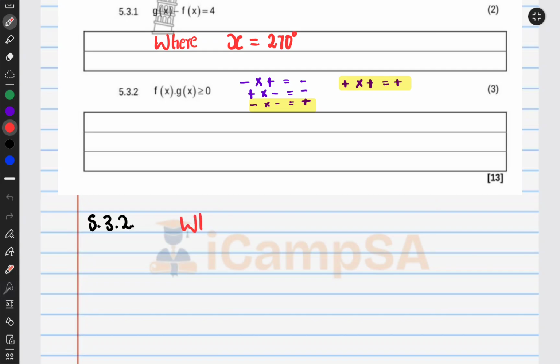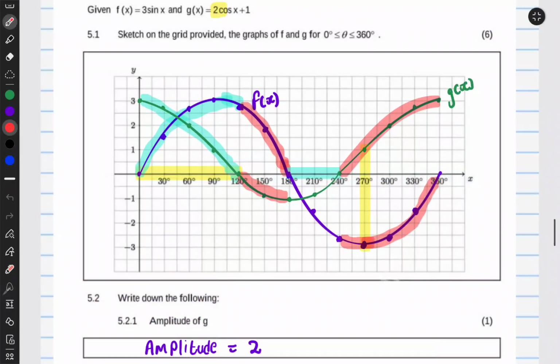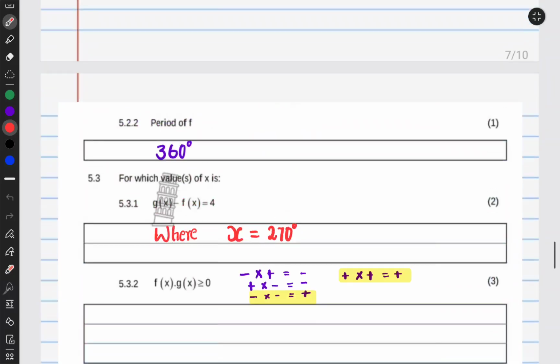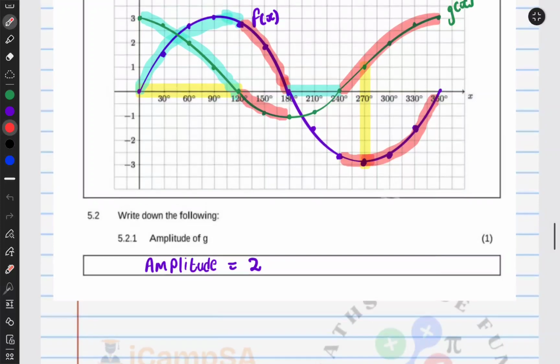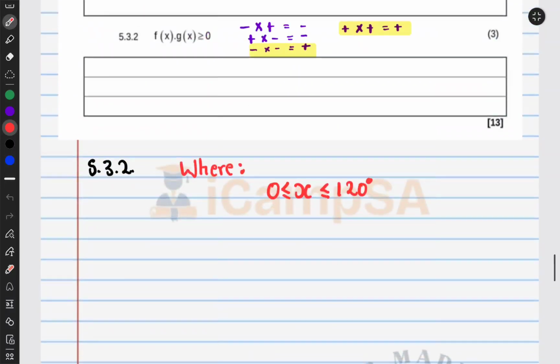The first interval we said is where x is greater or equal to 0 but less or equal to 120 degrees. That's the first interval. Then the second one is from 180 to 240 degrees.